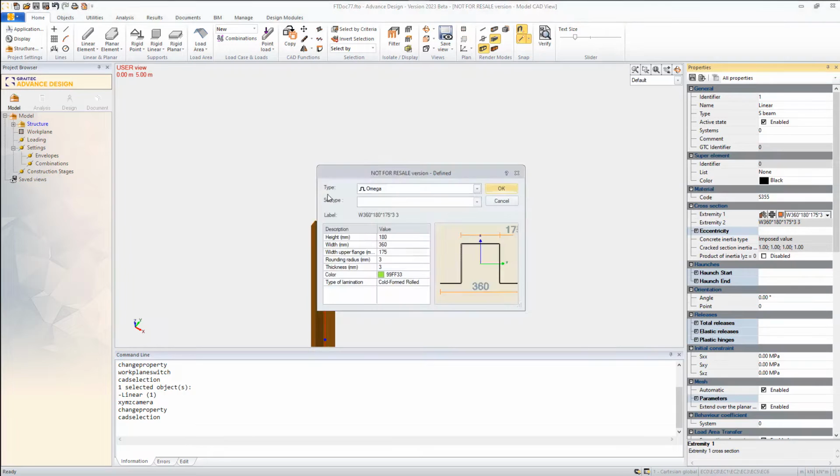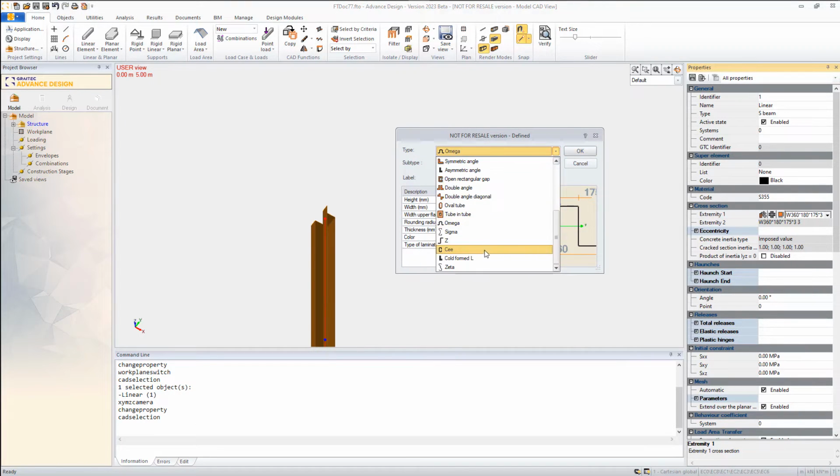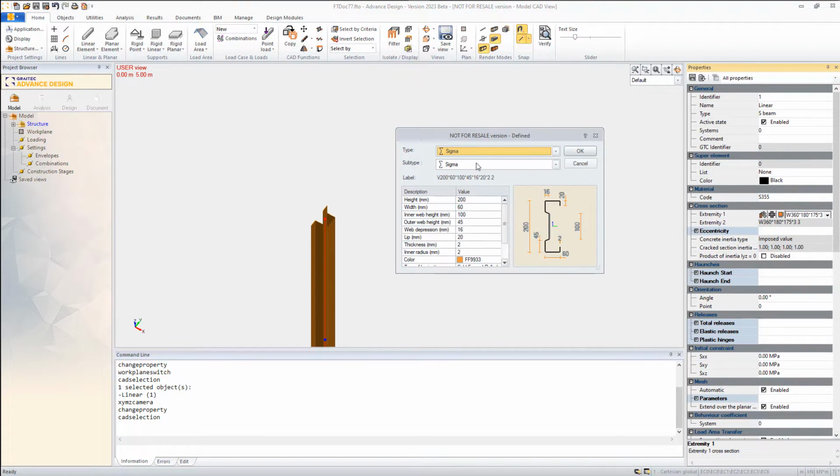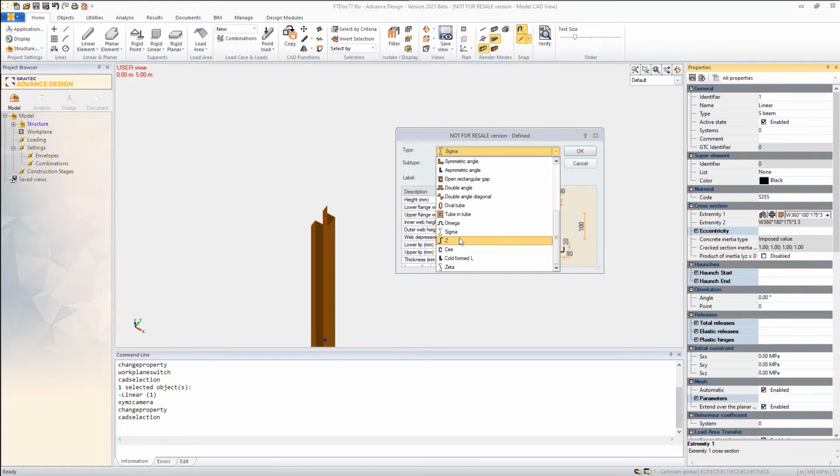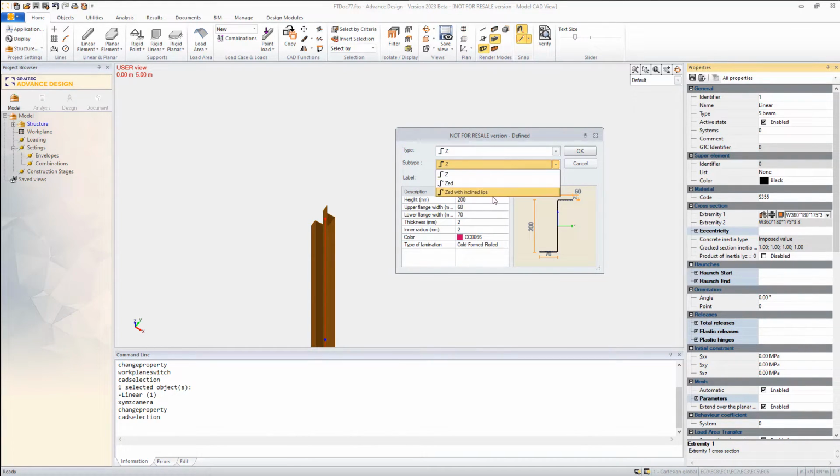So you will have as well the sigma section, and then you will have some subtypes, because you can have a sigma section with straight lips or with inclined lips, or an asymmetric one. And then you will have a Z section, same with inclined lips or straight lips.